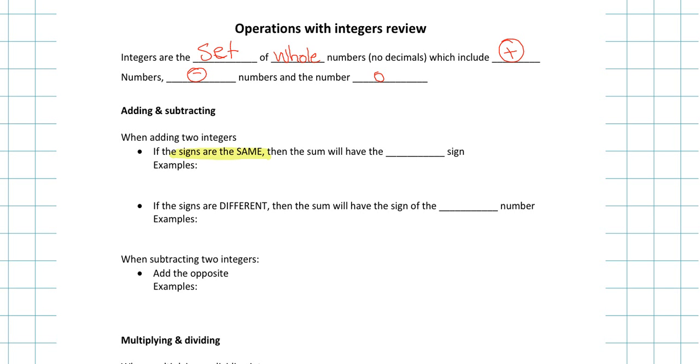So if I have 5 plus 3, that's going to be 8. It's still the same sign as the 5 and the 3 because they're both positive. If I'm adding negative 5 plus negative 3, two negative integers, my answer is going to be negative 8. I'm still adding the numbers, and the sign is exactly the same.